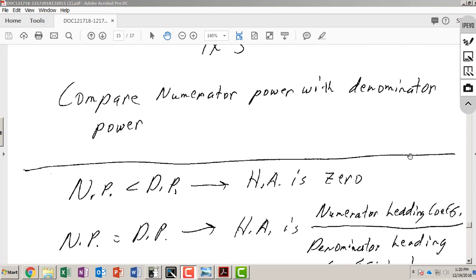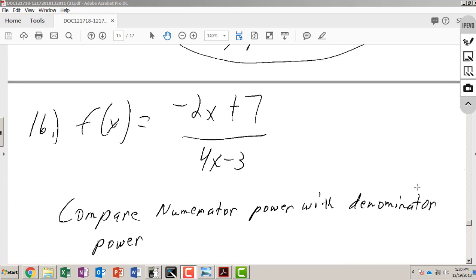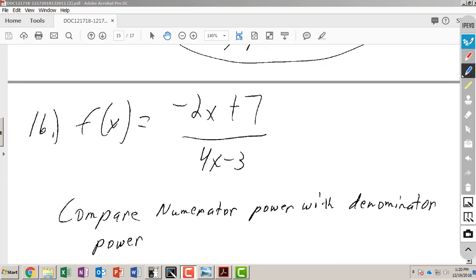So I'm going to look back at my original equation here. This numerator power is 1, this denominator power is 1, so that means that they are equal to each other. So I'm going to follow the rule which says that I need the numerator leading coefficient divided by the denominator leading coefficient.